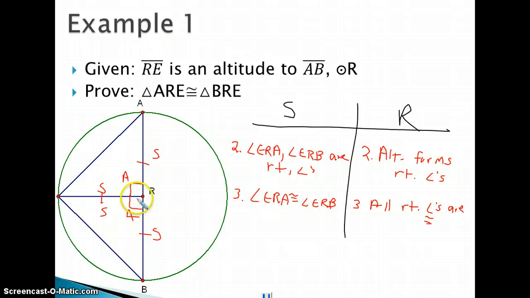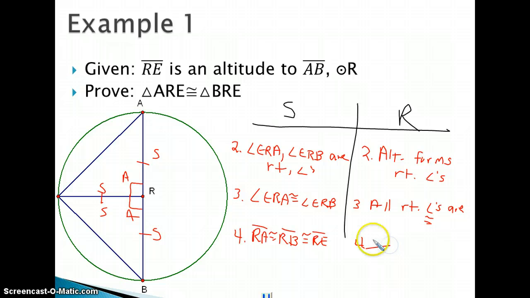So I've got a pair of angles there mentioned. Now I've got to figure out the sides. And we knew the sides because of the fact that we had a circle. So I'm going to say that RA, we'll start at the center, is congruent to RB, which is congruent to RE.